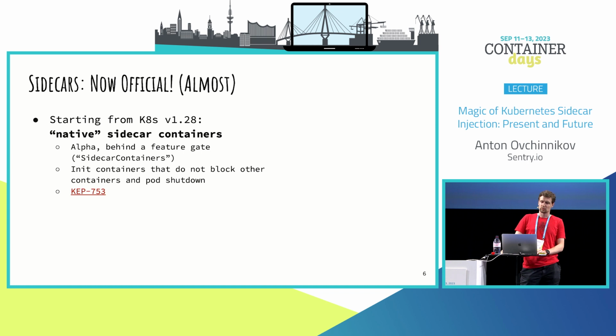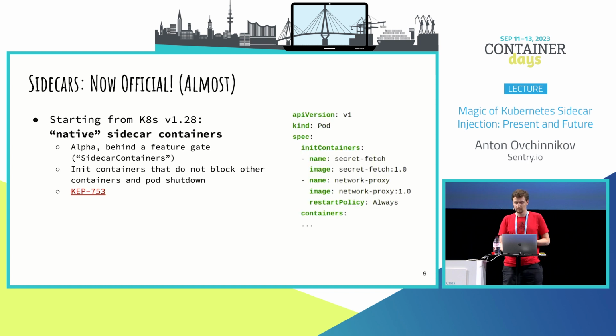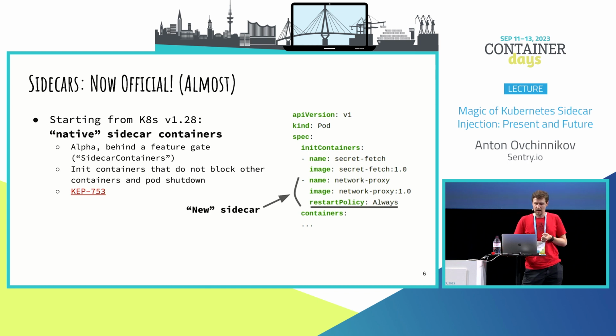Before we answer this question, this is actually a feature I am super excited about. Starting from Kubernetes 1.28, we now have almost native support for sidecars. It's still in alpha, and it's behind a feature gate, but when enabled, you can define a special init container with restart policy set to always.